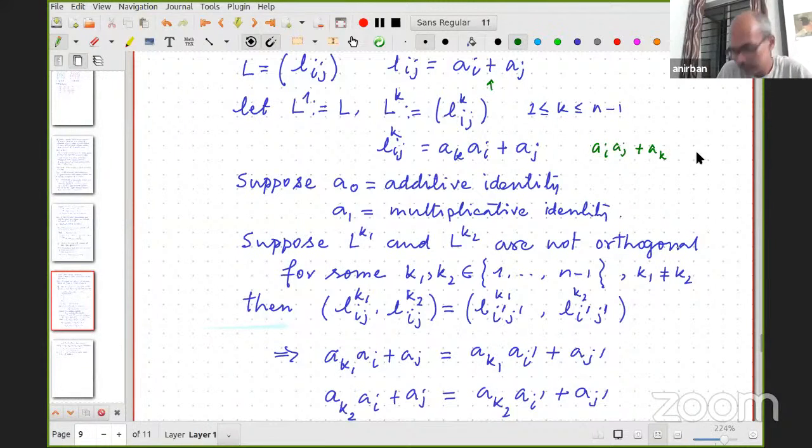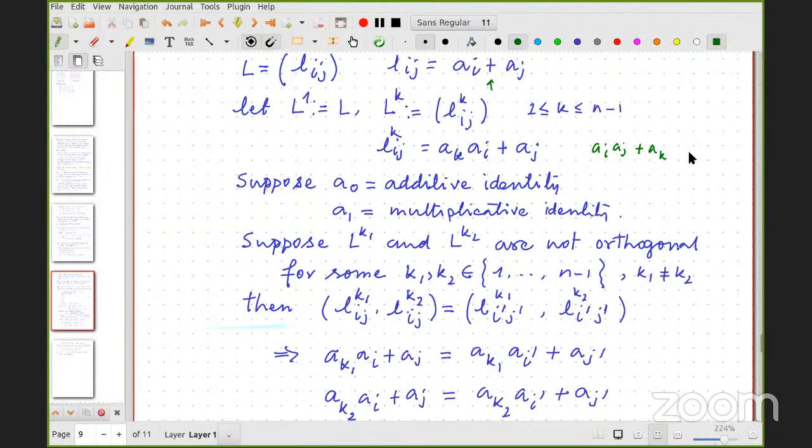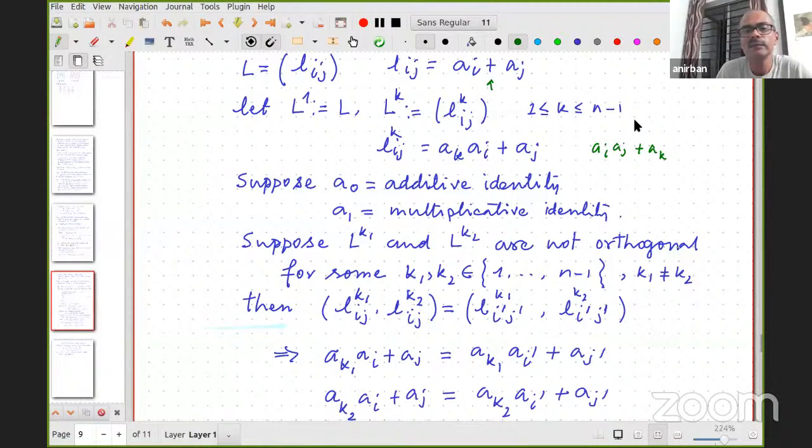You have to add this AK to one of these AJ, I think, because you are not multiplying AK to the addition. You are multiplying AK to the particular A in the previous definition. Now your element is AI AJ.